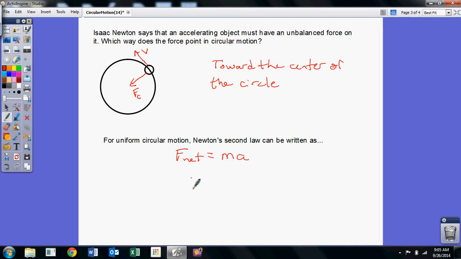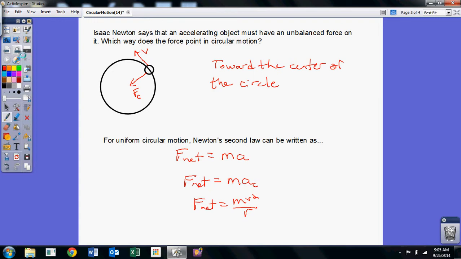So for circular motion, the net force has to be pointed toward the center of the circle, and we can think of it as m times the centripetal acceleration, and I could also write it as mv squared over r. And you could also write it in terms of the period and r by substituting in that equation that we just did a little while ago.